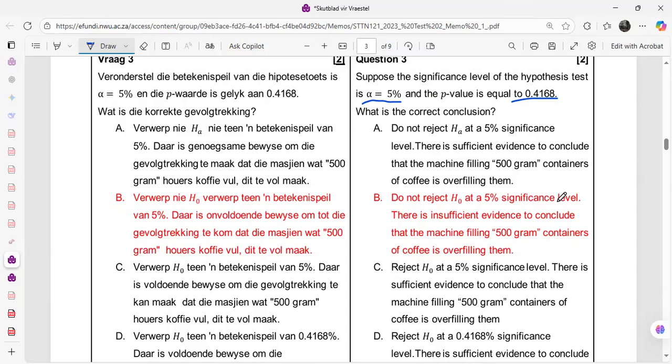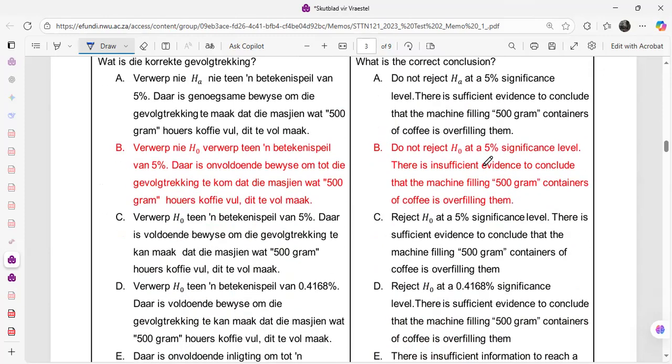Remember, the reason I said do not reject is that you compare the p-value with alpha, and the p-value in this case is greater than alpha. So therefore we do not reject, or we fail to reject, the null hypothesis.